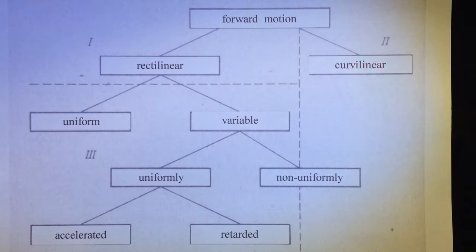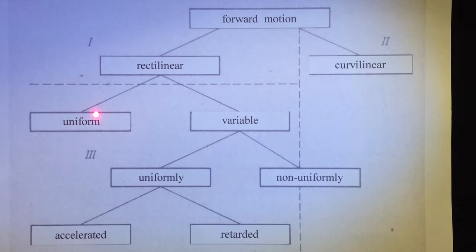Curvilinear, when a body moves, for example, in a circle, in a curved line. And now, both of these motions can be further divided into uniform and variable, this time with respect to the velocity.